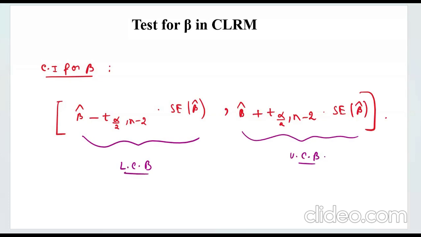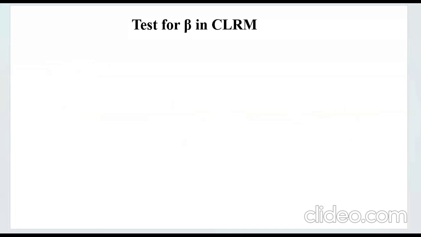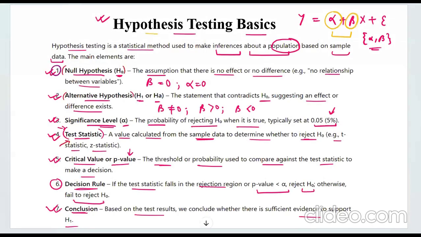Now, one final thing left for us is to define the decision rule. So let's see. We have done the null hypothesis, alternative hypothesis, significance level, test statistic, and critical values. Now the sixth point is to find out the decision rule.